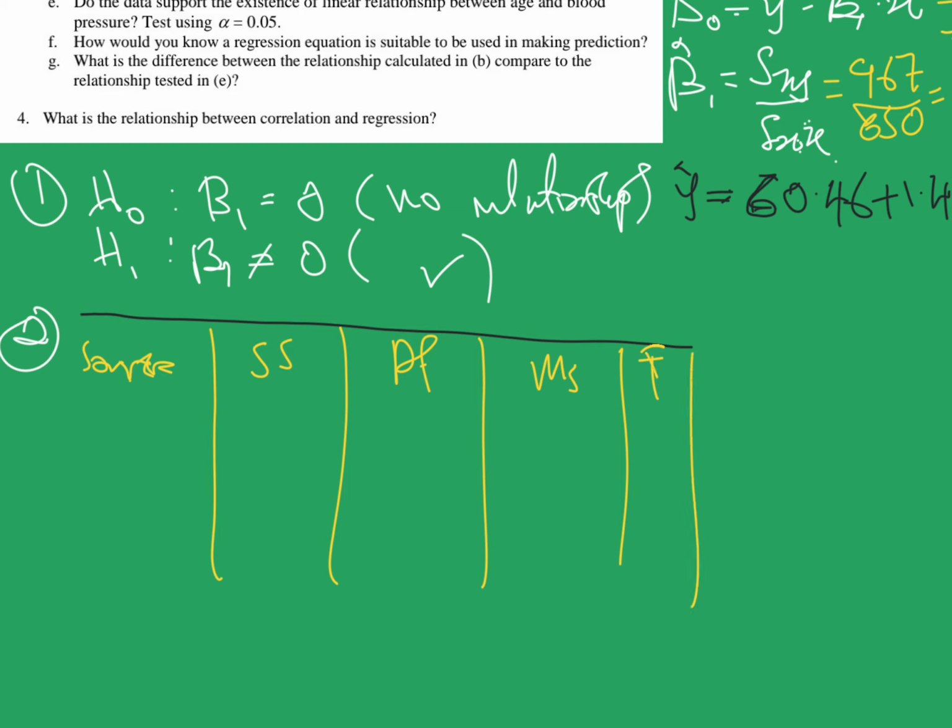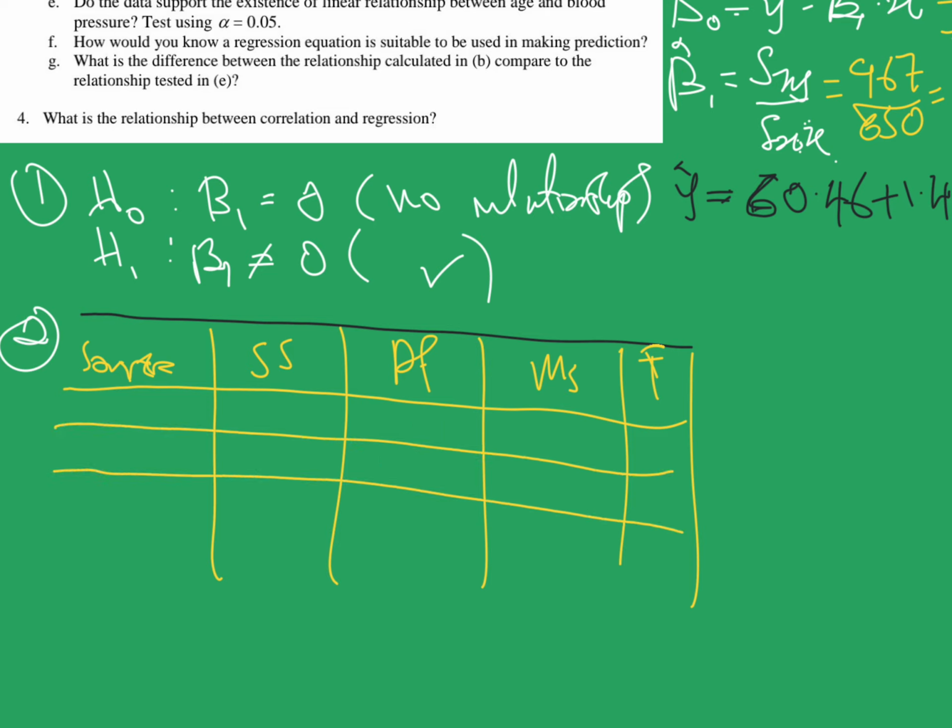For the rows, we are going to have another 3 rows: 1, 2, and 3. So this is the table.